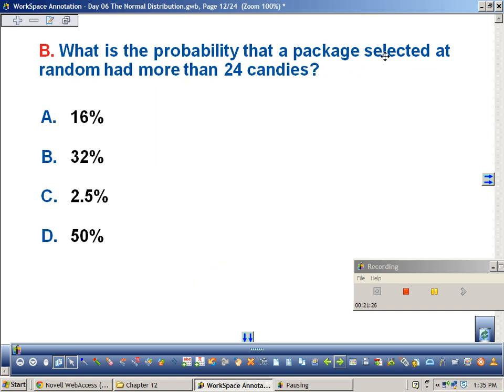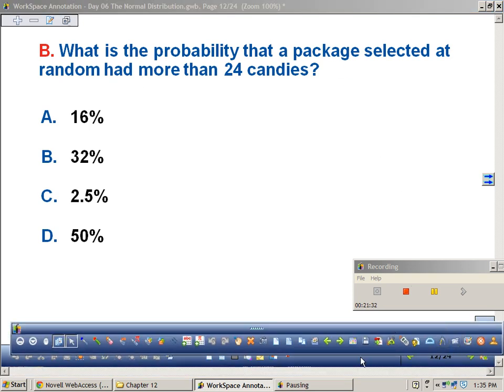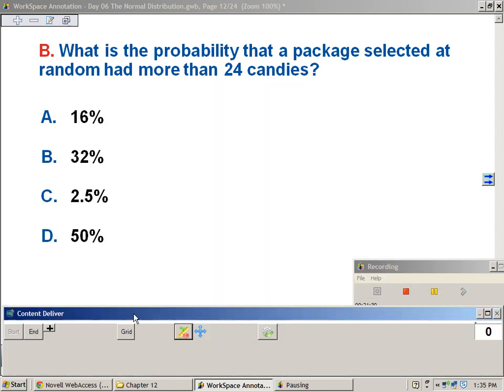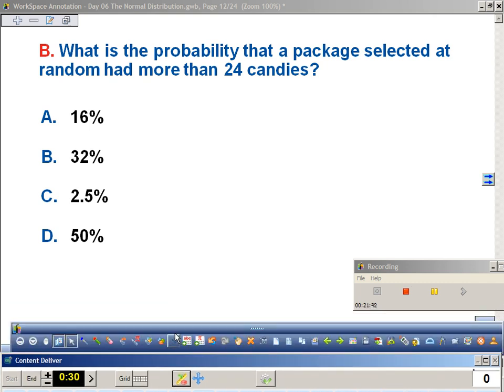All right. What is the probability that a package selected at random had more than 24 candies? Let's see if you can all get this one. Well, what was the mean?